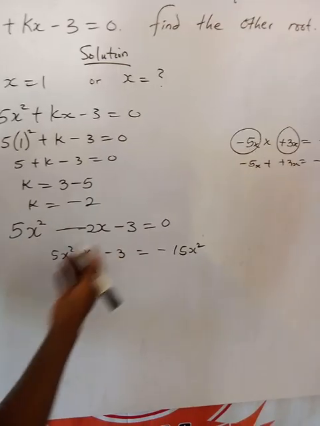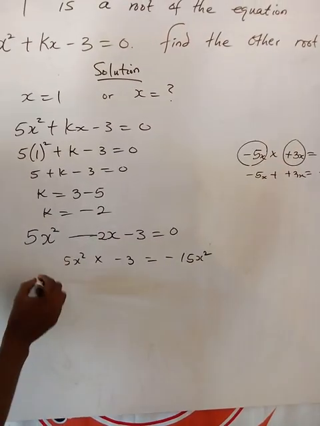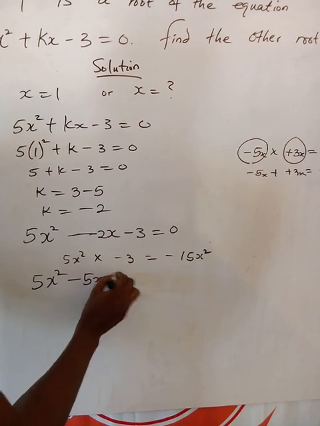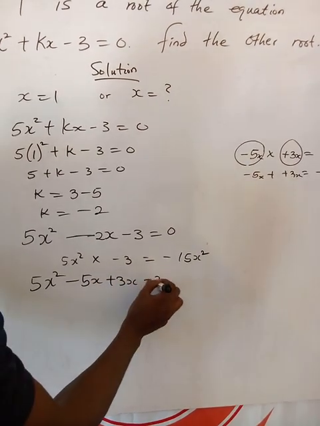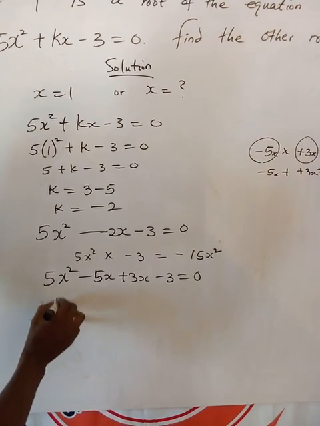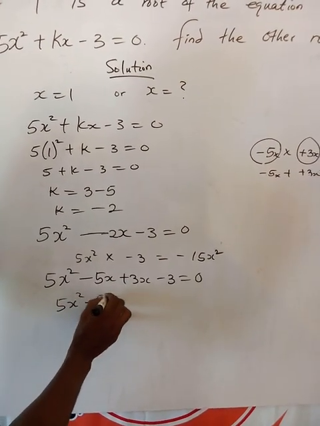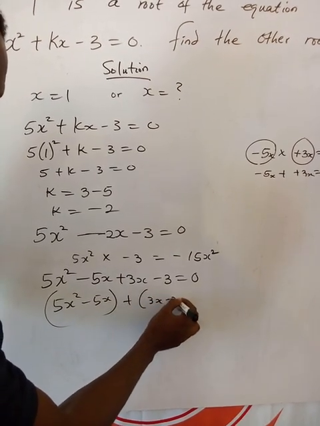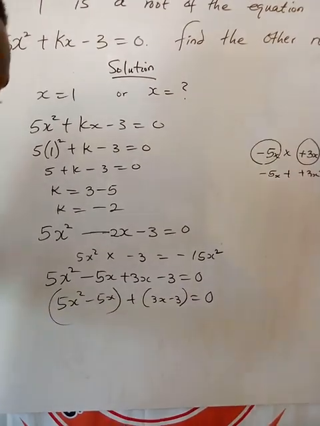So we can use these two factors to replace our minus 2x. The new equation will be 5x squared minus 5x plus 3x minus 3 equals 0. Now we can factorize by grouping, where we say 5x squared minus 5x is one group, plus 3x minus 3 is another group, equal to 0.